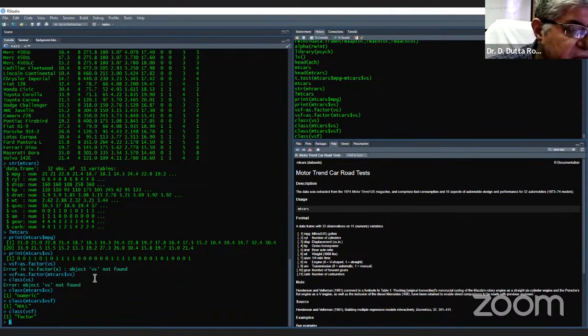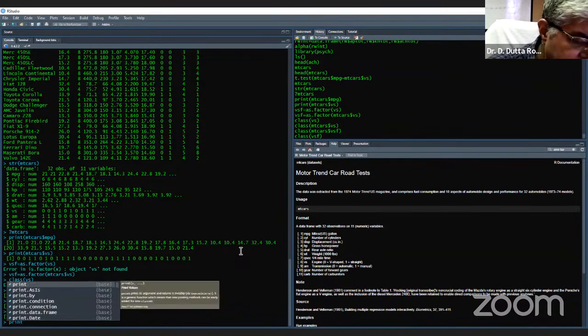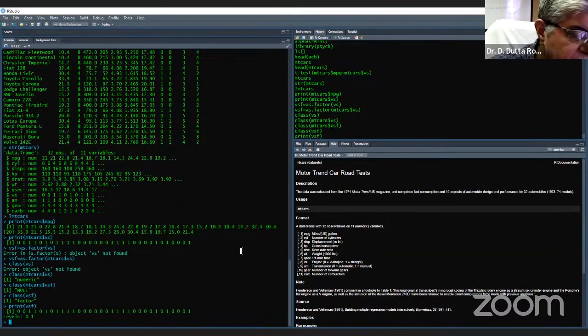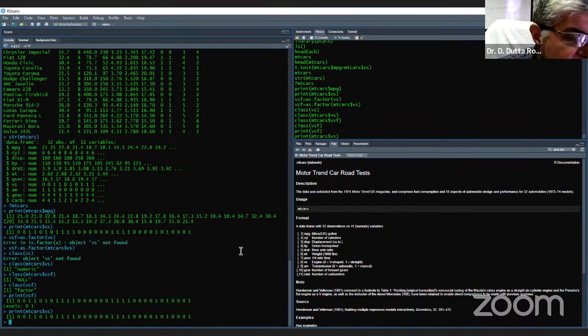Because I have written vsf equal to as.factor mtcars$vs, and you will get print bracket vsf. And if I write print mtcars$vs, you will get the same data.